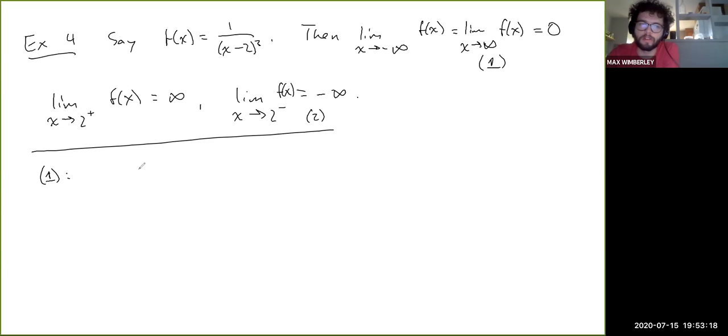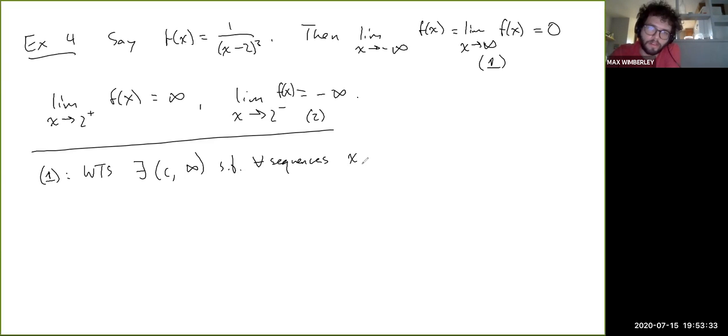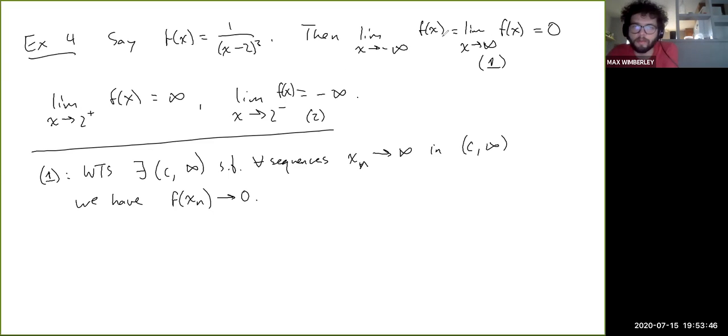That means we just need there to exist some interval. So I want to show there exists an interval (c, infinity) such that for all sequences xn going to infinity in (c, infinity), we have f of xn going to 0.